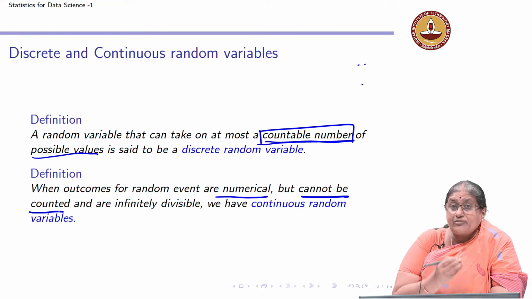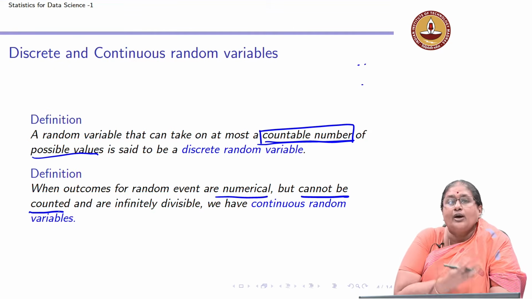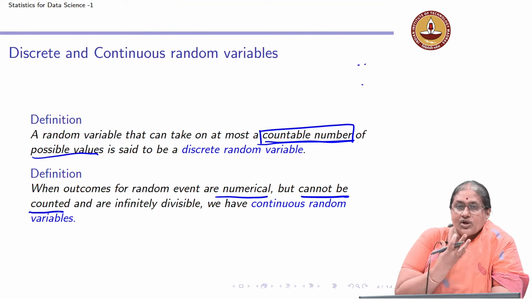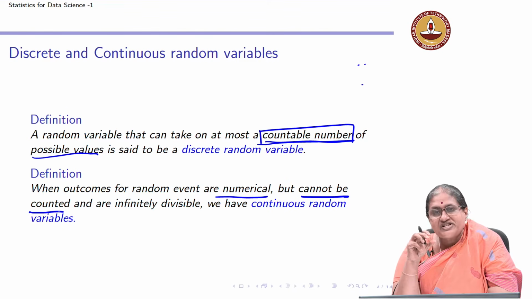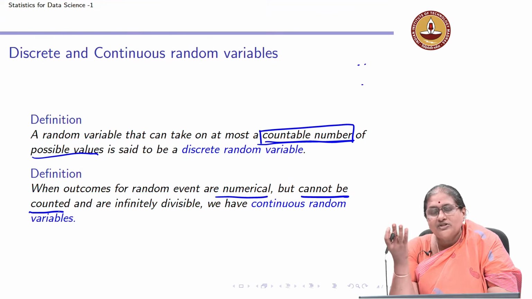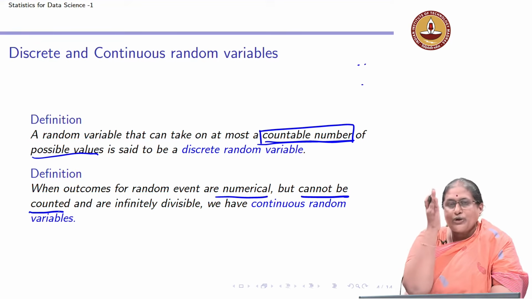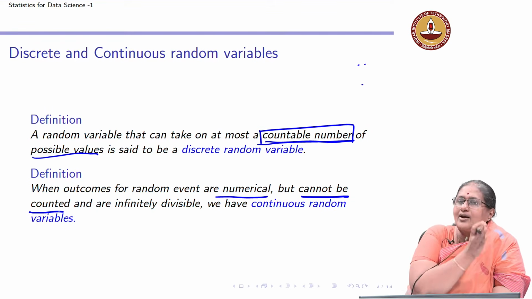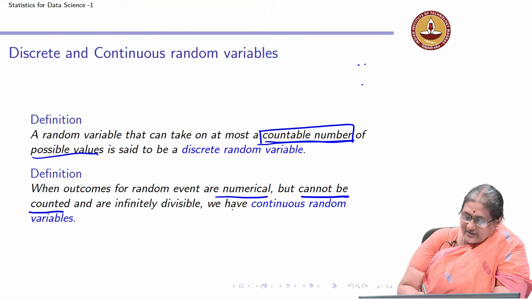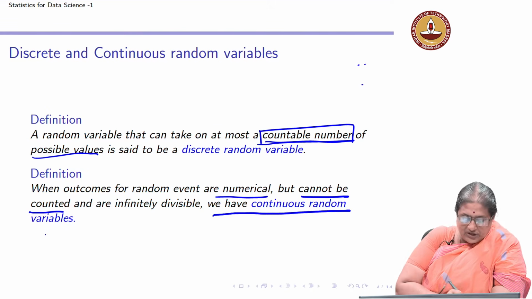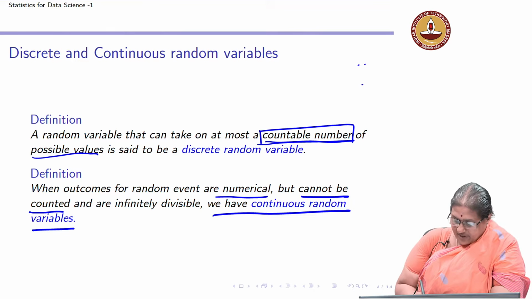In other words, if I am not able to count it, I am talking about a measure. So hence I am bringing in a concept of measure or a measurable set. Now the mathematics behind this you will learn in other courses, but what I want you to see is when I cannot count it but I have a measure over an interval, we have a continuous random variable.